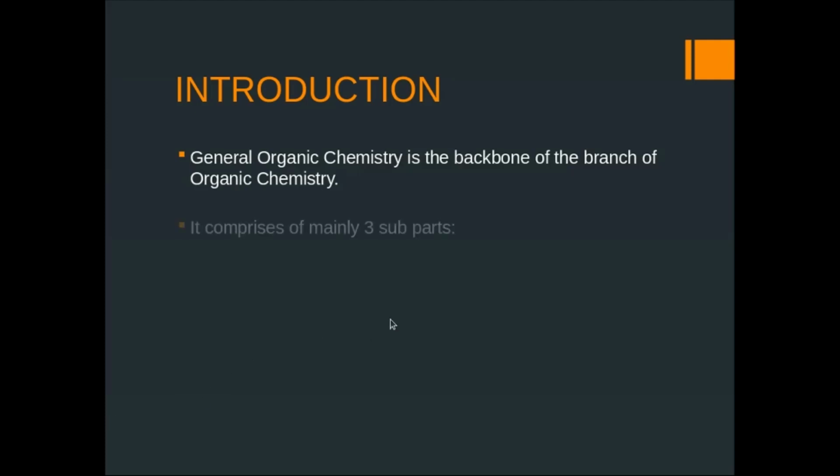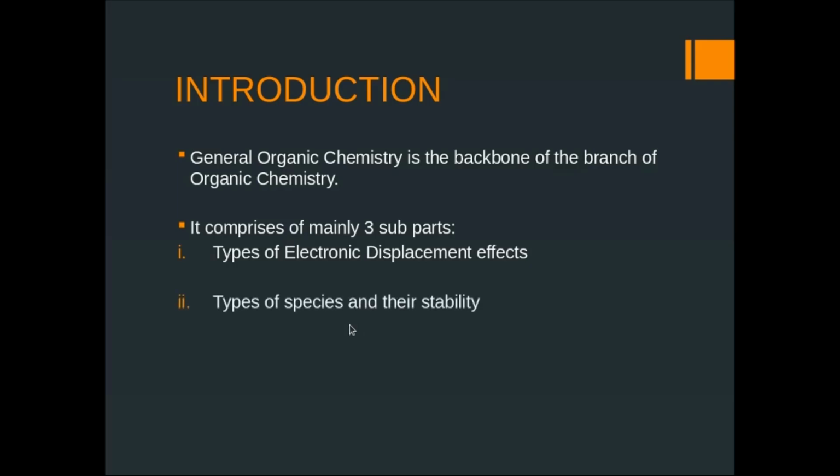General organic chemistry mainly comprises three parts. First, the types of electronic displacement effects, such as inductive effect, mesomeric effect, and so on. Second, the types of species, meaning reactive intermediates, basic and acidic species, and their stability via electronic displacement effects.